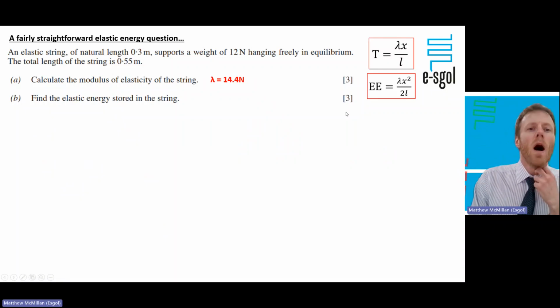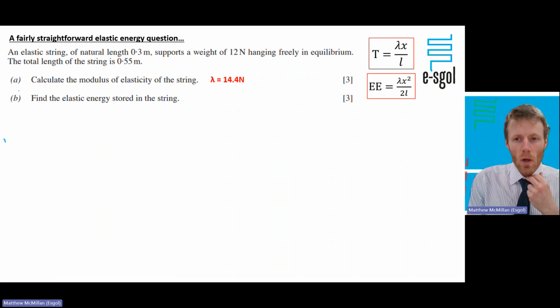Now, this question we did at the beginning. We did part A and we got lambda as 14.4. For part B, this is a really straightforward one. Find the elastic energy stored in the string. We are just having to remember a formula.